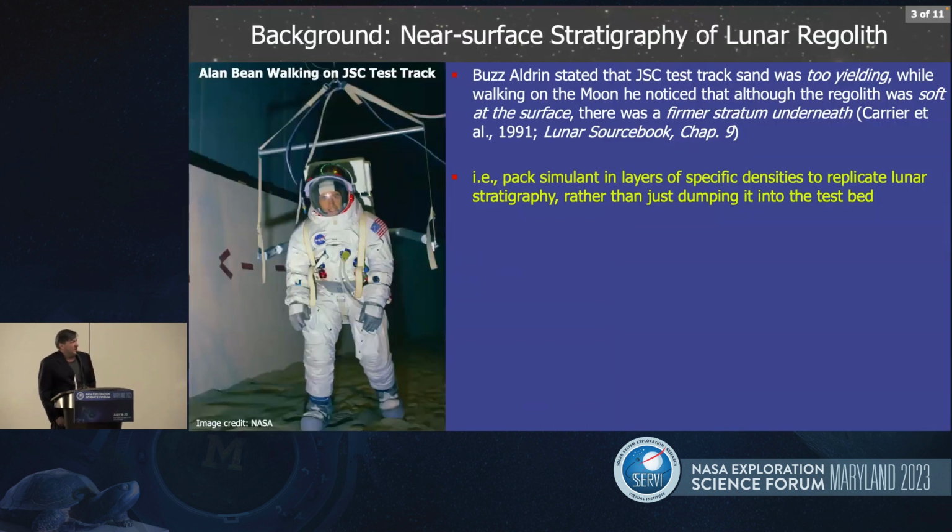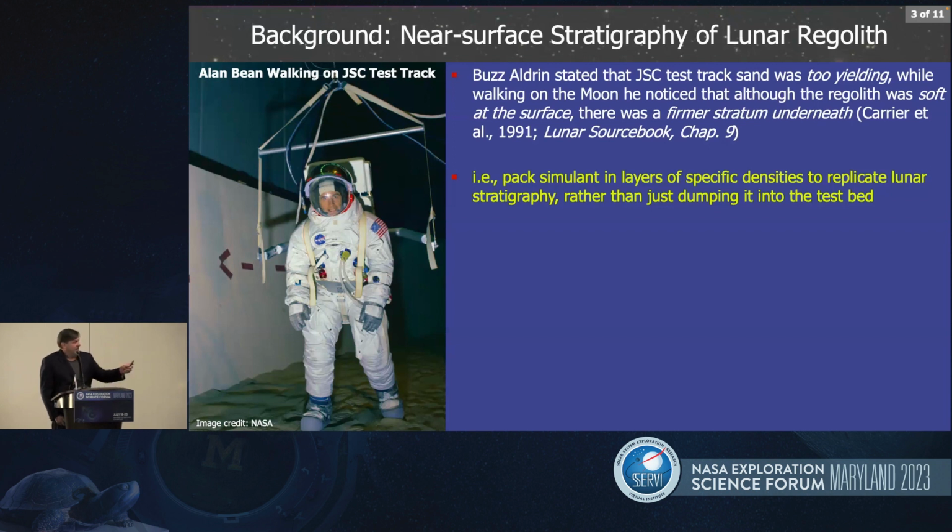So I'll start off by telling a story, and I love this story because it really nicely emphasizes one of the points that I'm trying to make regarding using lunar regolith simulant in the lab. Shortly after the Apollo 11 mission returned from the moon, NASA technicians had Buzz Aldrin walk on a simulated lunar surface, which was quartz sand about 15 centimeters deep.